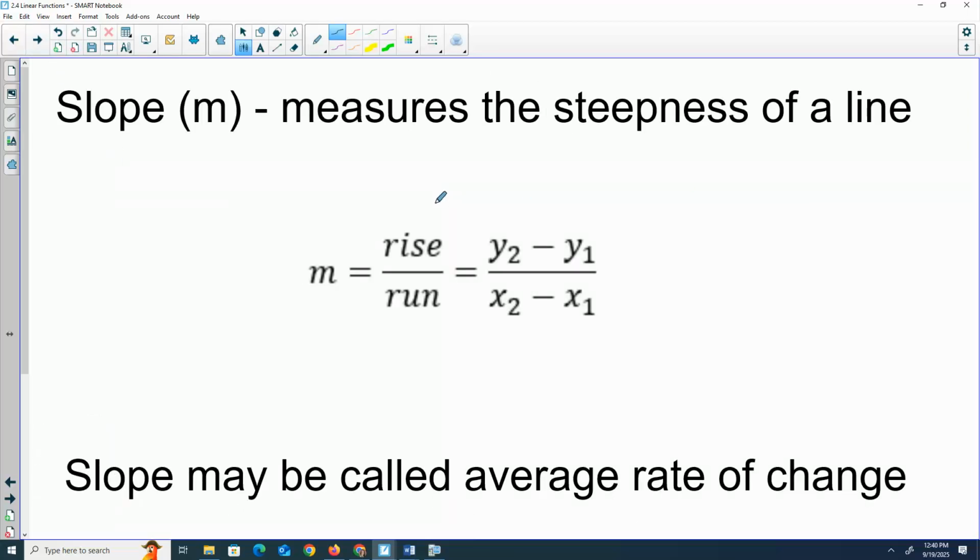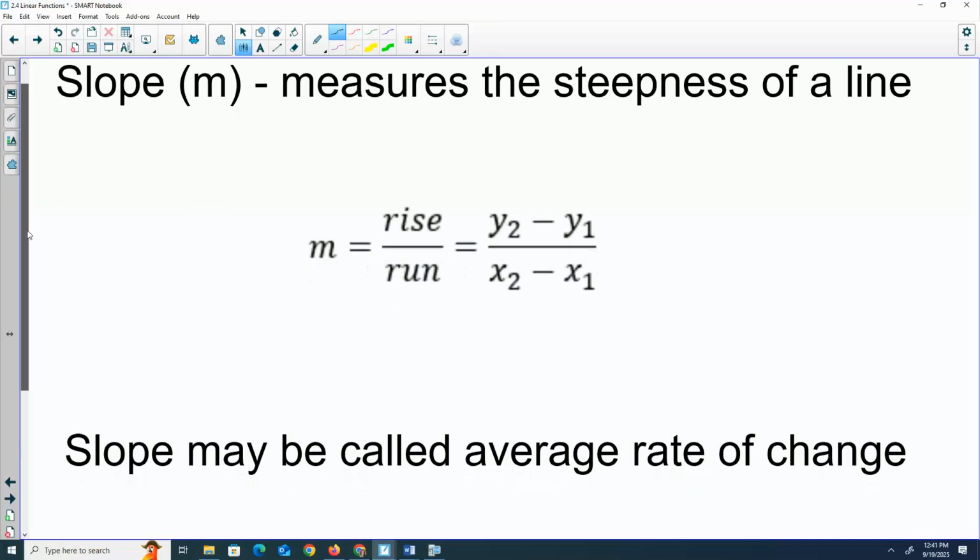So slope is your m. It tells you how steep your line is. Remember, rise over run, or if you have ordered pairs, you have to do the change in y over change in x. So y2 minus y1 over x2 minus x1. You might also hear it called average rate of change. It means the same thing.